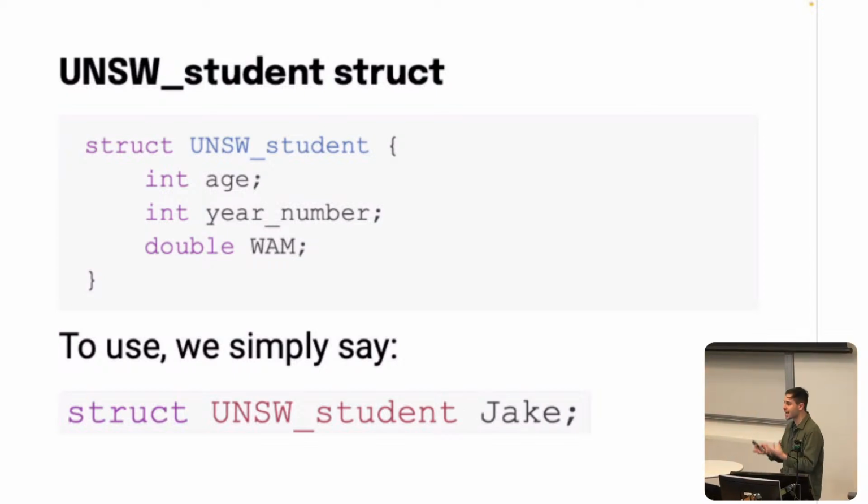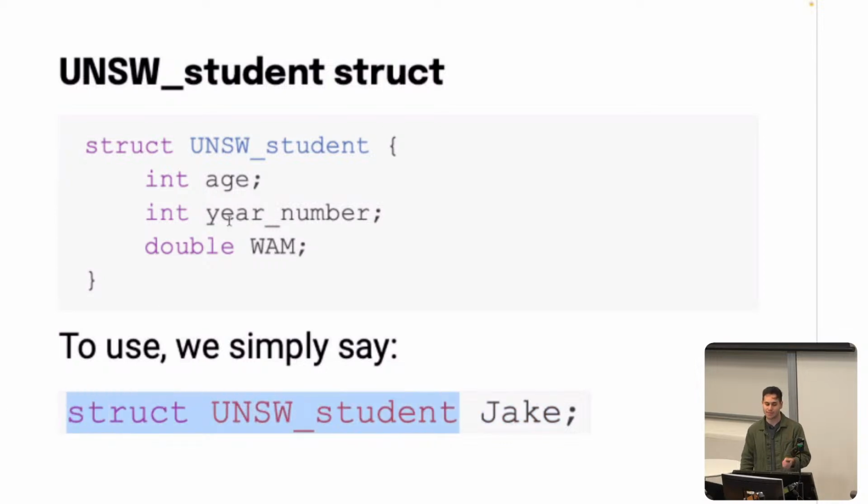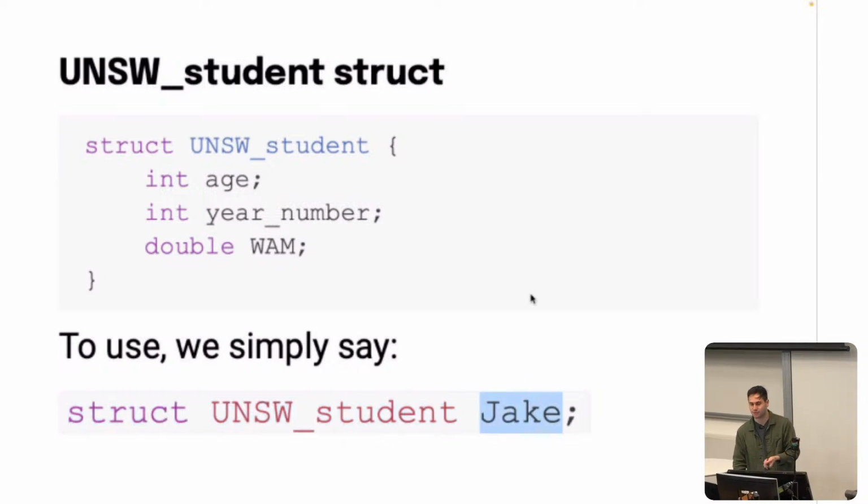Now, if I want to create an actual variable of that type struct, this is what we can do. So instead of doing int age or char initial, I do struct and then the name of the struct, UNSW student, and then the name of that actual variable, which in this case I've called Jake.